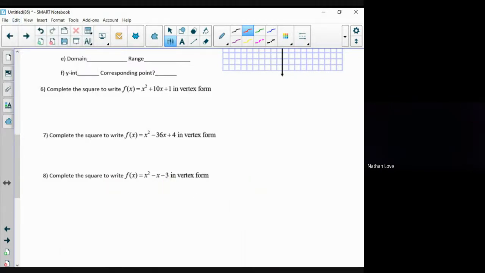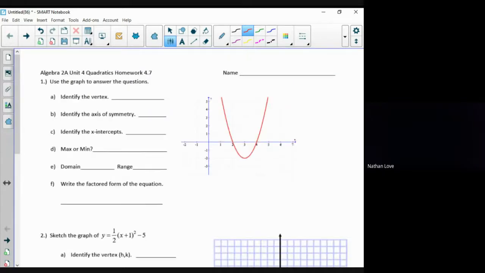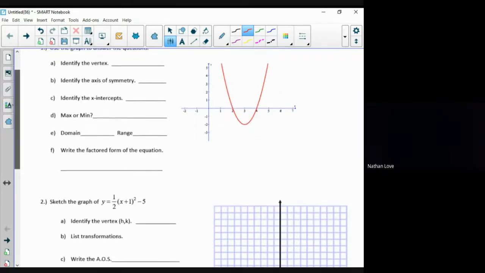Any other questions over your homework? Yes. 1F. This one is still an enigma, right? So when we're working with this right here, we're talking about 1F. It says write the factored form of the equation. I guess there's a couple ways you can do it, Gavin.